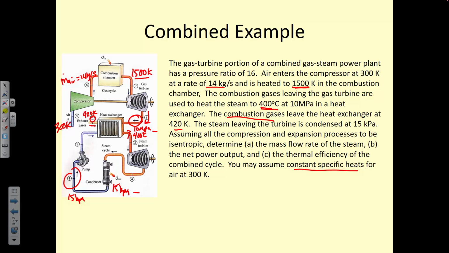So let's go to the next slide so we have more room. And we'll just start knocking out the information on these states. So state 1 is coming into the pump at the outlet of the condenser. So it's 15 kilopascals, x is equal to 0.